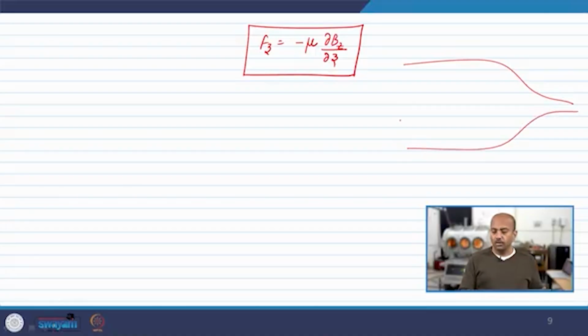So, this non-zero force along the z axis is responsible for trapping of the plasma particle in a given configuration of magnetic field, which we call the bottle configuration, okay, something like this. We will stop here and we will continue the remaining part of the magnetic mirroring in the next class.